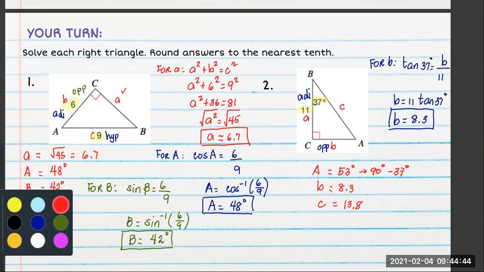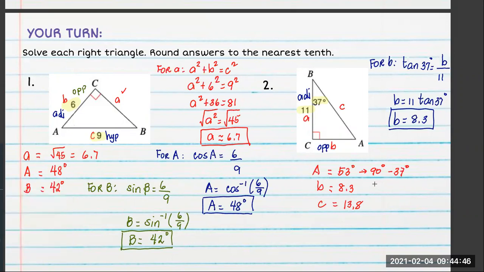Okay, then for C, I'll just write it down here. So for side C, C is the hypotenuse, right? C is the hypotenuse. You are given the adjacent. So the adjacent side is given to be 11. You're solving for the hypotenuse. So adjacent and hypotenuse, that would be cosine, right? So you want to use cosine.